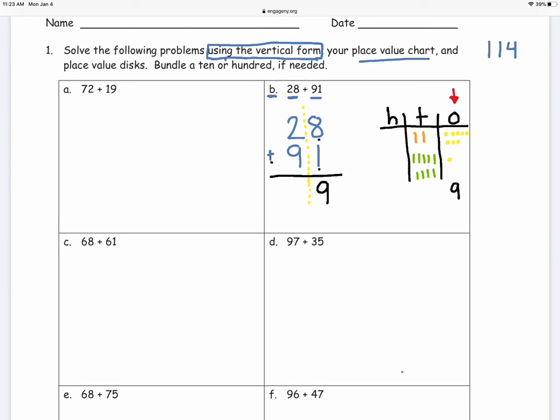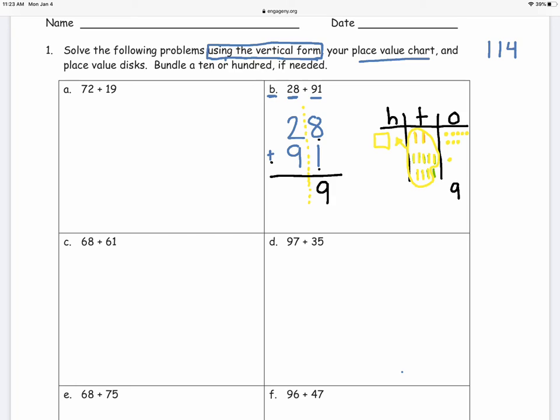Alrighty, so count with me as I count up my tens. 1, 2, 3, 4, 5, 6, 7, 8, 9, 10. Stop, hold on. 10. I have 10 over here, which means I need to circle all 10 and move them over.